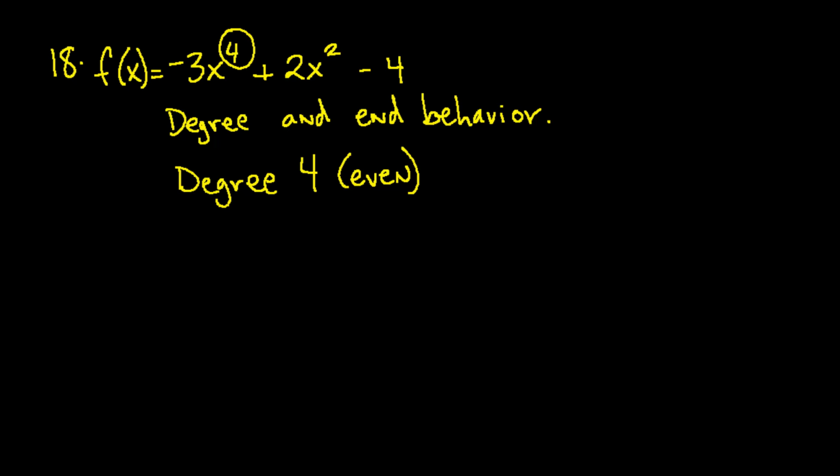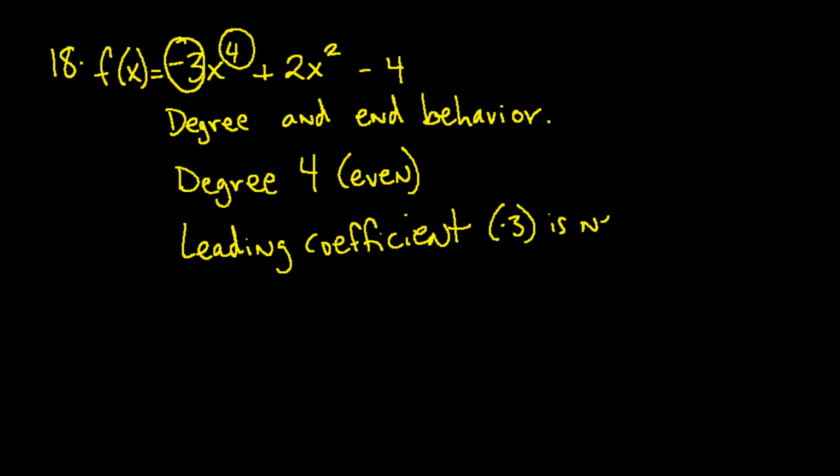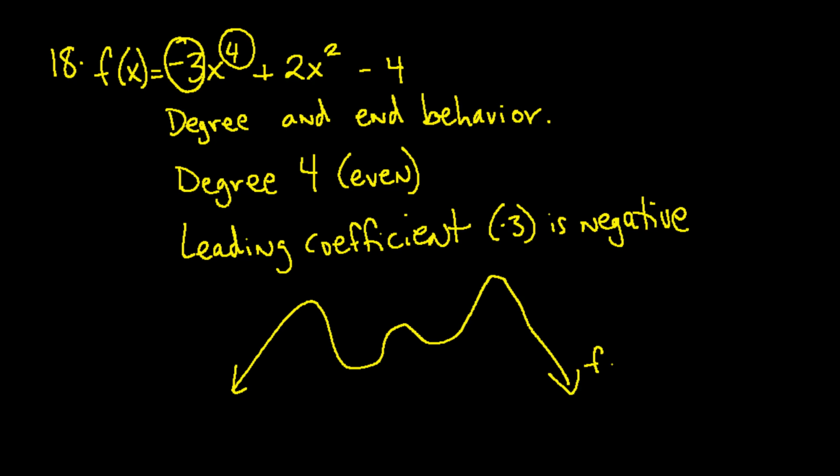The next thing we look at is the leading coefficient, the -3. Since the leading coefficient is a negative number, then we know that the graph will end up on the right side falling. So in other words, whatever this polynomial is doing, it will eventually fall to the right because the right side's going to end up negative.